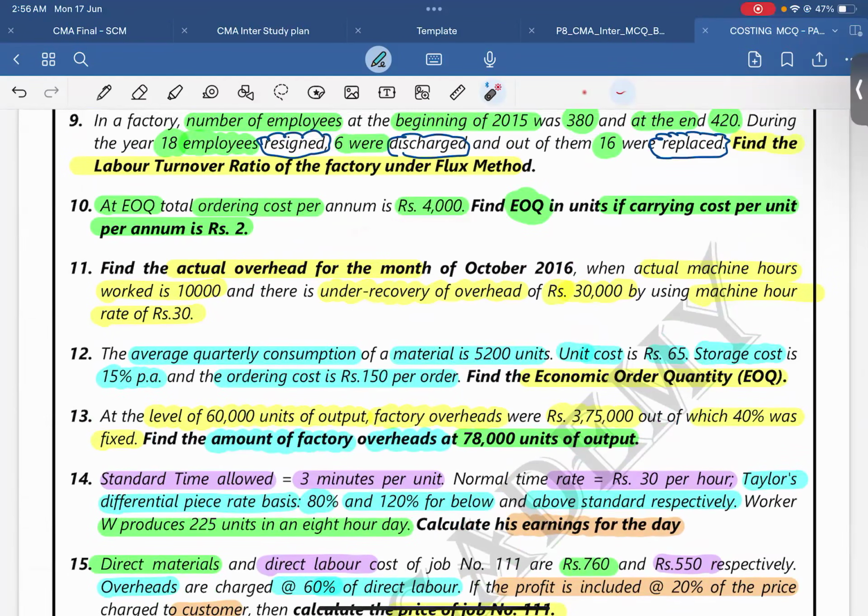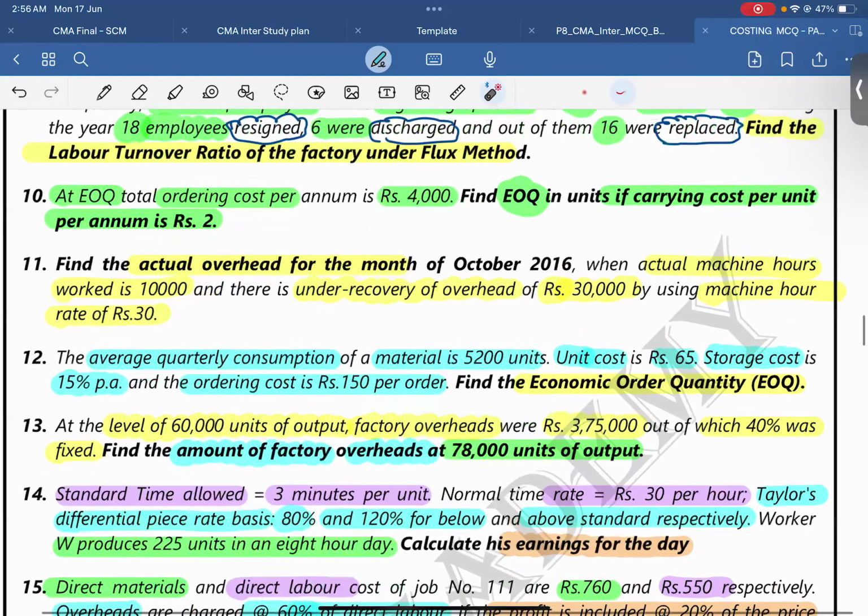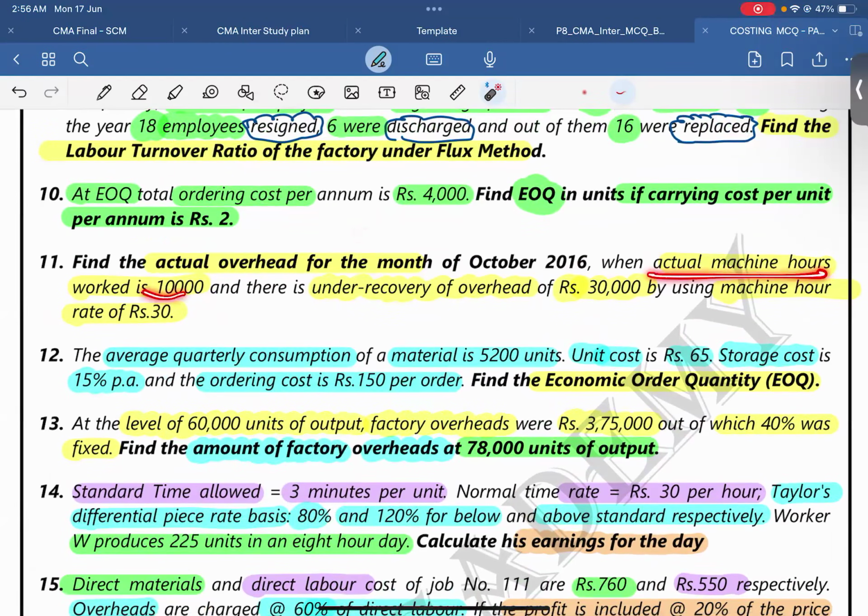Question 11. Find out the actual overhead for the month of October 2016 when the actual machine hours worked is 10,000. There is an under recovery of overhead of 30,000 using the machine hour rate. So they are asking what the actual overhead incurred is. Machine hours are 10,000 into 30, which will give you 3 lakh. It is under recovered, so you need to add it.